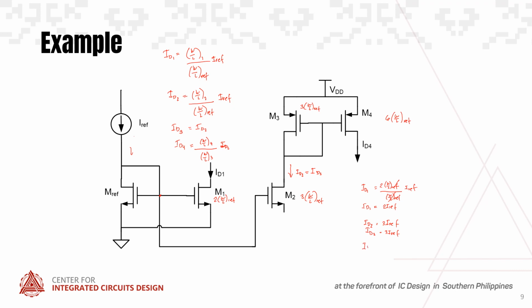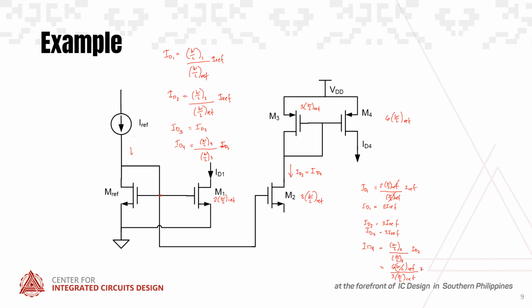How about ID4? ID4 is (W/L)4 over (W/L)3 times ID2. We substitute: the (W/L)4 is 6 times the (W/L) ref, and the (W/L)3 is 3 times the (W/L) ref, times ID2.